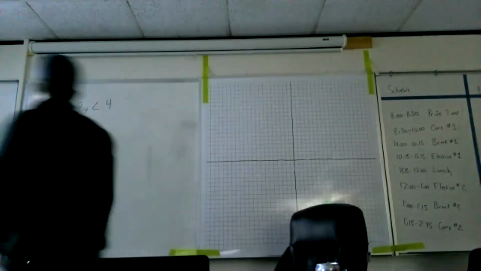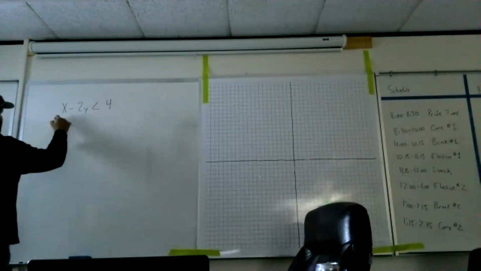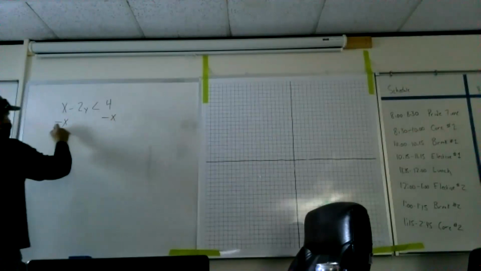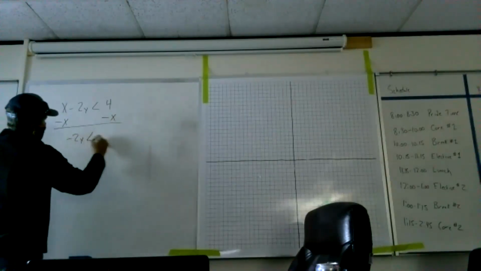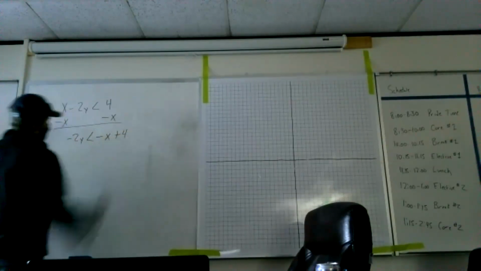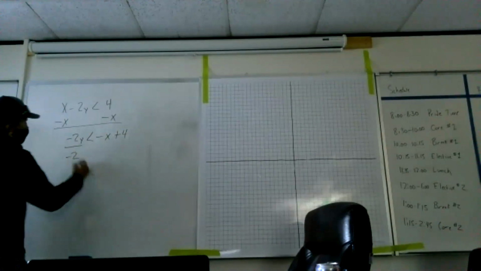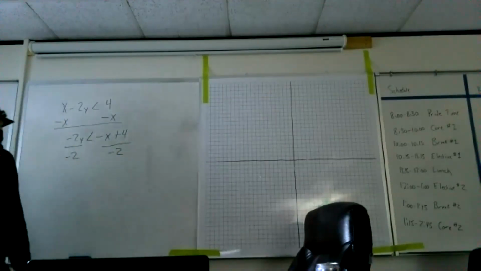So the first step to isolating the y value is we want to get the x to the other side. So we're going to subtract x. We're going to be left with negative 2y is less than negative x plus 4. And then we're going to divide by negative 2 to finish off and isolate the y variable.